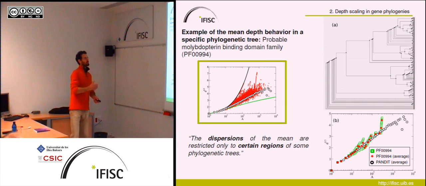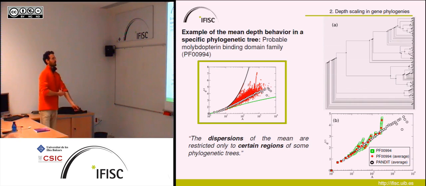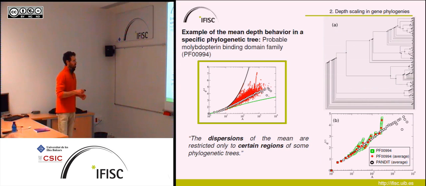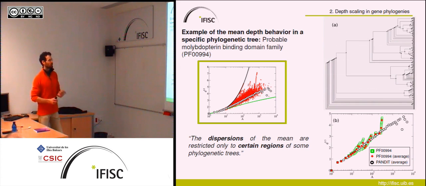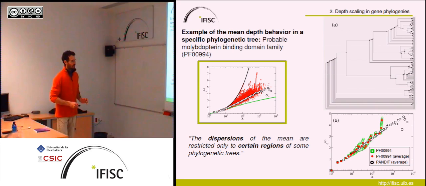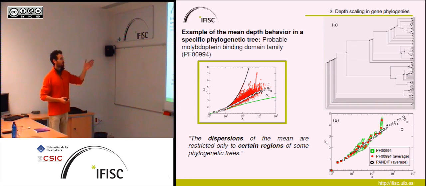In the first analysis of the protein phylogenies that I showed, we observed that in the raw data there were some dispersions from the average behavior, but these dispersions are restricted only to certain regions of the phylogenetic tree. So, for example, this is an example of a tree with these dispersions.